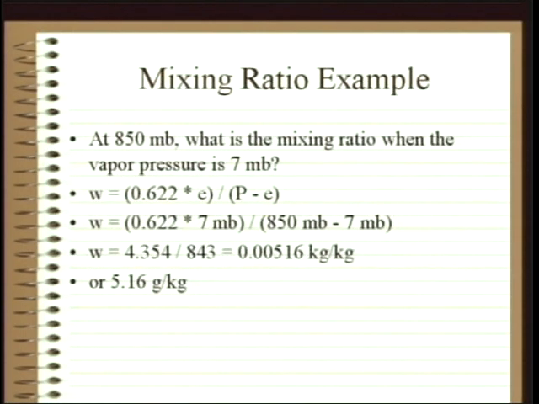Next, we'll look at a mixing ratio example. So our example problem: at 850 millibars, what is the mixing ratio when the vapor pressure is 7 millibars? And so we have our equation here, and we'll plug our knowns into the equation and solve.